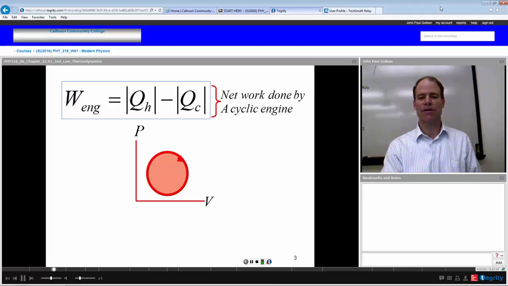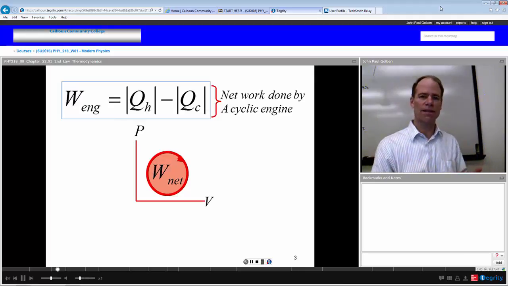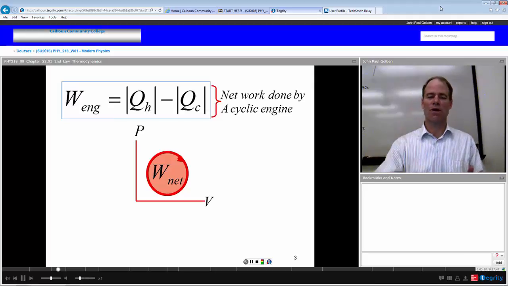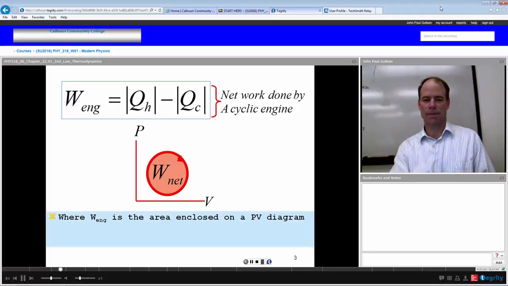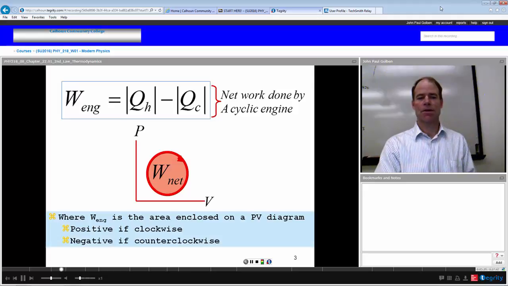On the PV diagram, the work done by the engine is going to be equal to the area enclosed by the cyclic path as you go clockwise. So the net work done by the engine will be the area enclosed, positive if clockwise, and negative if counterclockwise.